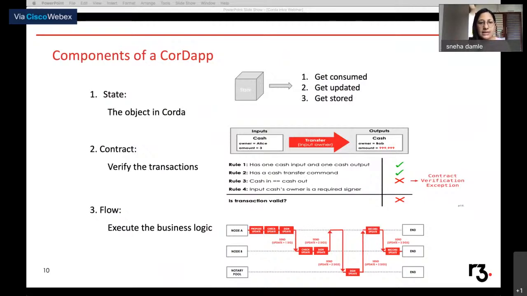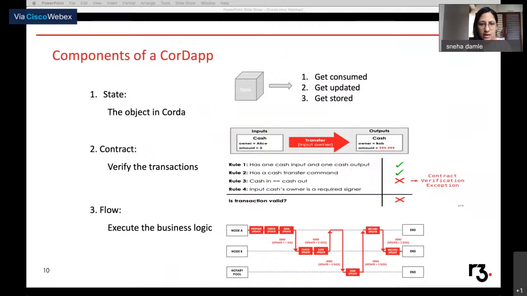All these kinds of rules can be added in the contract. We've added 4 rules. We are making sure that the transaction should have one input and one output. The type of transaction has to be a transfer transaction, where we are transferring cash from one party to another party.